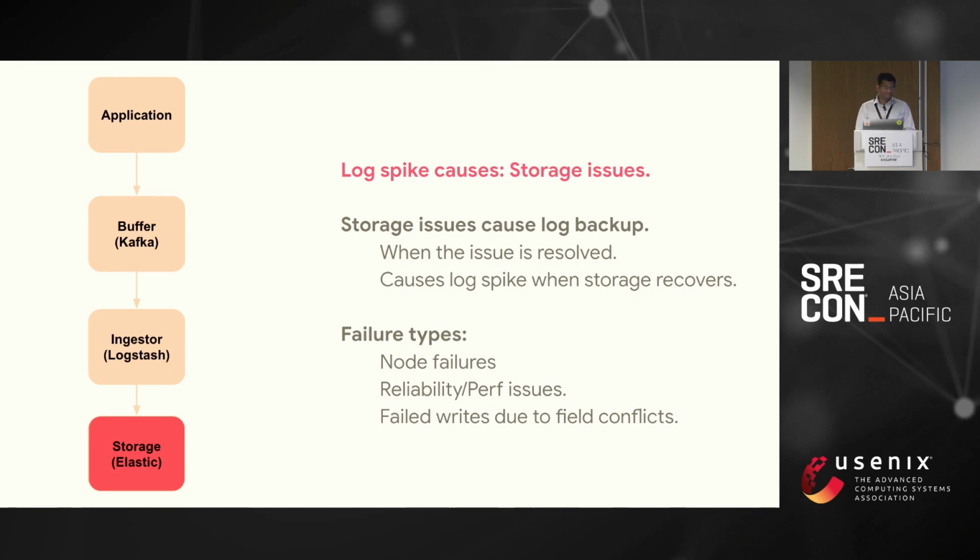For example, when Elasticsearch gets logs where one person wrote an account ID as a string and another person wrote an account ID as an int, it does field conflict resolution, and if the types conflict, it drops one of the logs. When things like this happen, there is a drop in ingestion throughput, which when it's catching up looks like a spike.